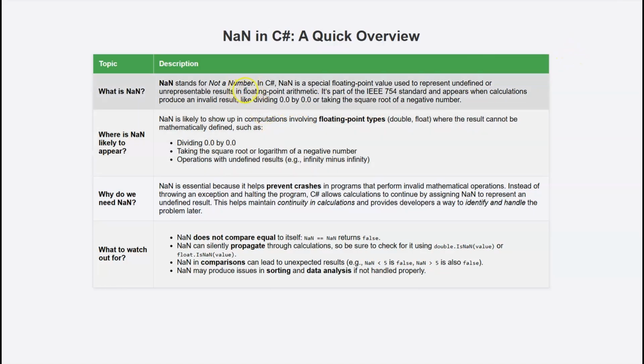So this is where we're going to find it, only in floating point arithmetic, and it is likely to show up in computations involving floating point types such as double or float, when you divide 0 by 0, as we saw in the example, when you take the square root of a negative number, and so on. And you can see why we need NaN, how it helps us, and what you need to watch for. So I'm going to cover some of these in my next code examples. Again, if you want to read the overview, you can pause the screen and do so now.